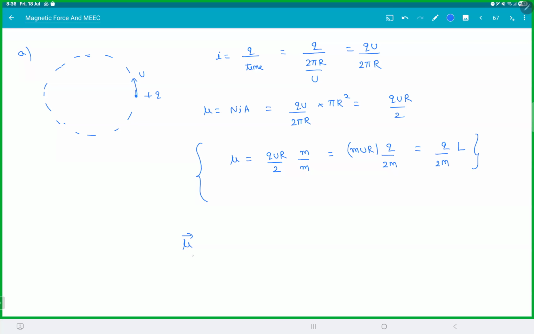Mu, magnetic moment, will be Q by 2M into L bar, where L bar is angular momentum. Let's see whether this thing works for the ring and the disk also.